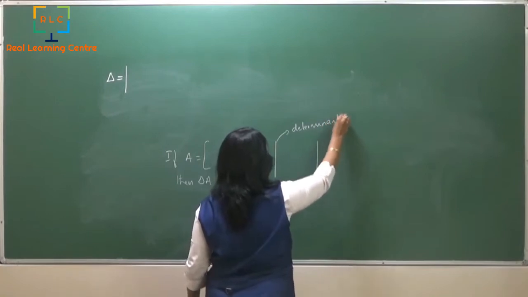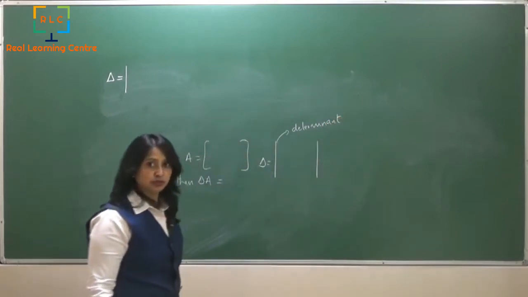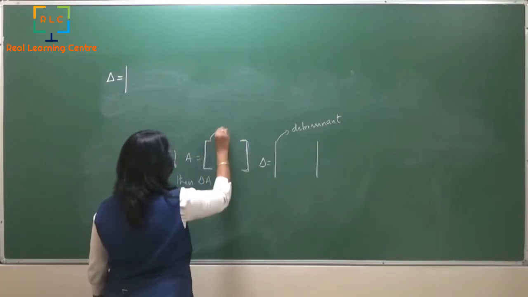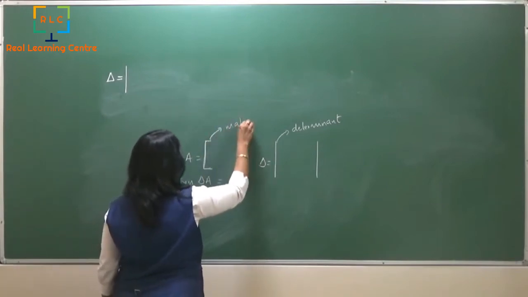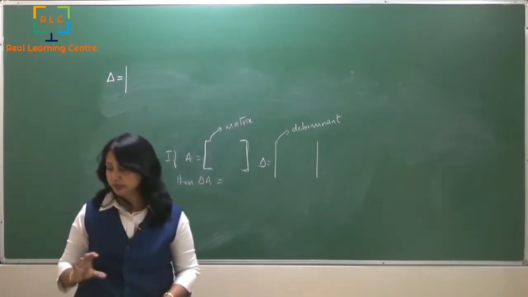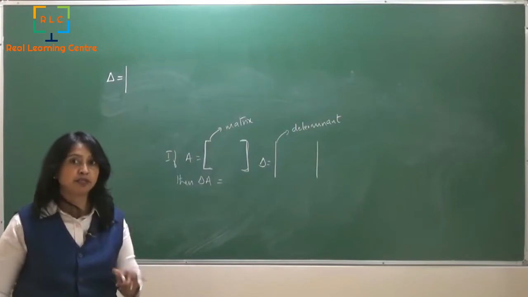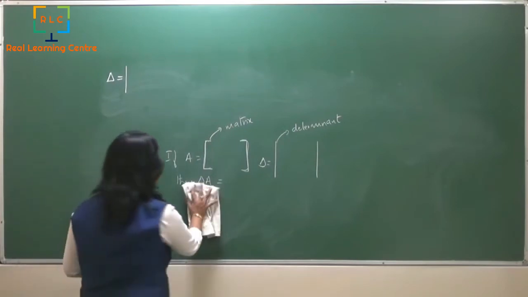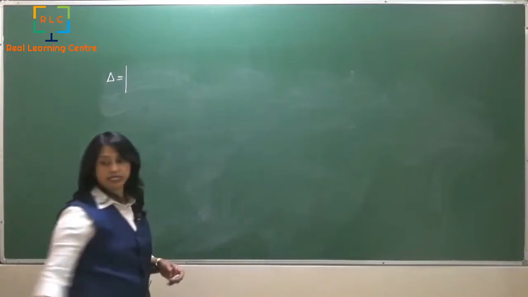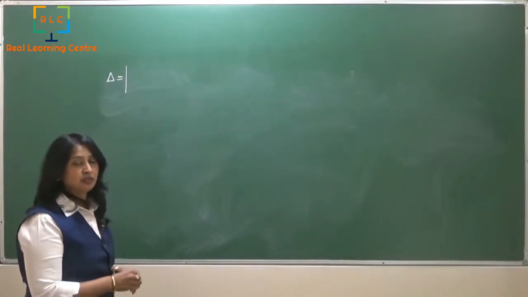The 2 straight vertical lines give you the determinant, and the square brackets indicate what? It is a matrix. So when you are writing your question or your solution, when you are using the matrices or the determinants in between, be particular about the kind of lines and the brackets you use. The brackets will be for matrix and the vertical lines will be for the determinant.